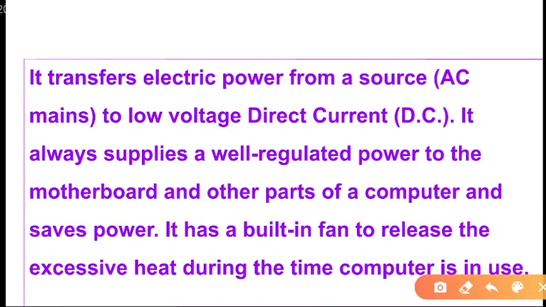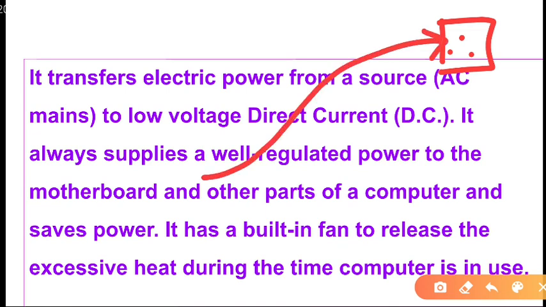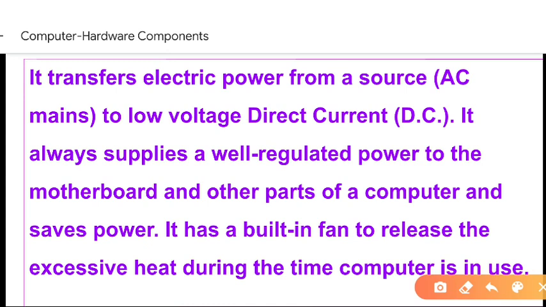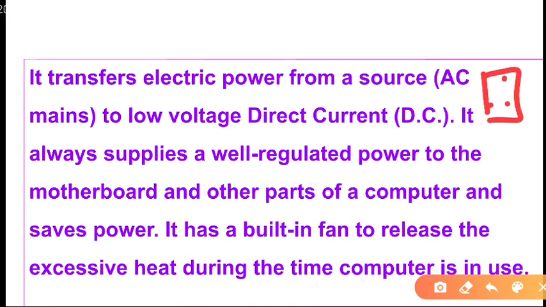Now I'll tell you the meaning of this entire sentence with a short example. Now see students, you have seen sockets like this at your home. You give power to your computer by connecting a plug over here. These sockets inside your homes are called AC mains or alternating current mains.